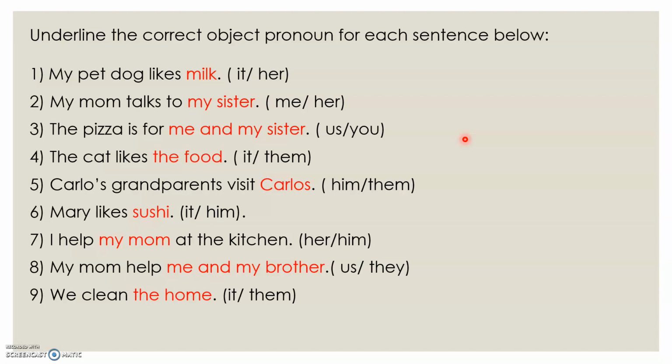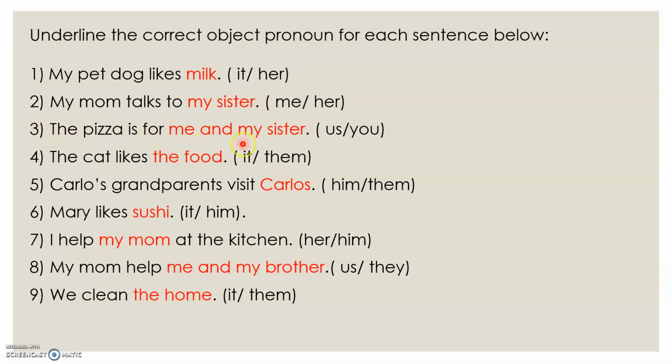So for example, let's take a look at this example. My pet dog likes milk. Instead of the milk as the object of the sentence, we're going to use it because milk is a thing, right? My mom talks to my sister. My sister is the direct object of this sentence. She's a girl, so we're going to use the object pronoun, which is her, okay?